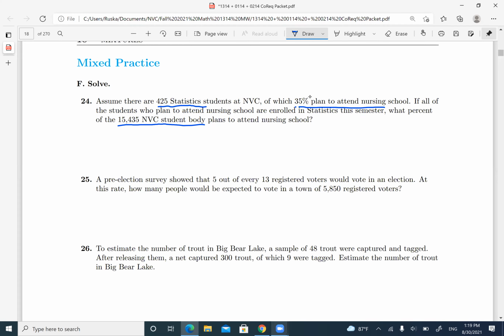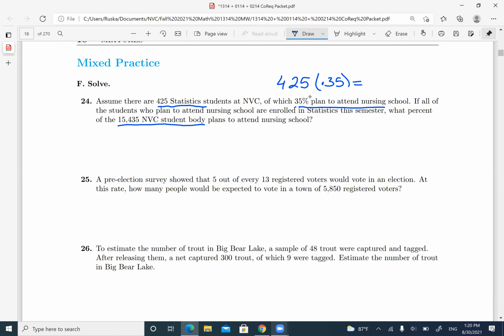So we have statistics students and we have those who are going to nursing school. So can we find out how many are going to go to nursing school? If you take 35% of 425, that's going to give me how many are going to nursing school, right? So when I do 425 times 0.35, it's going to give me how many plan to go to nursing school.